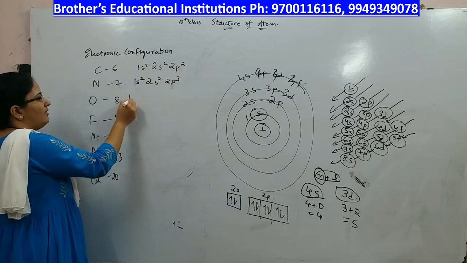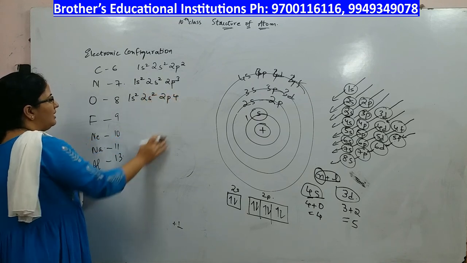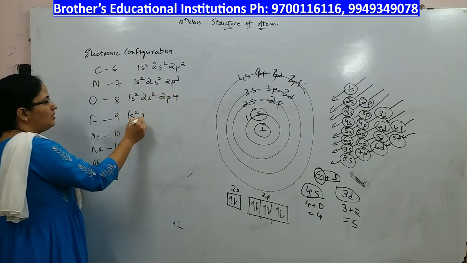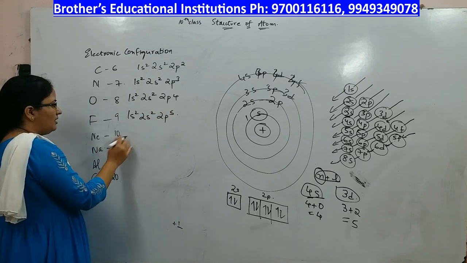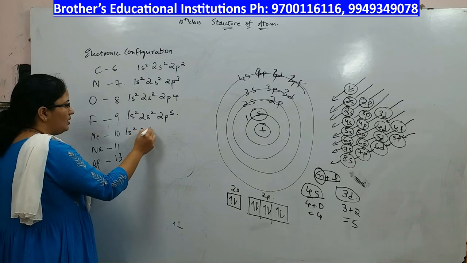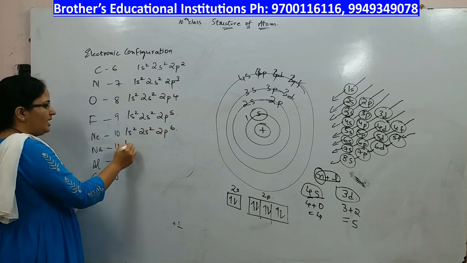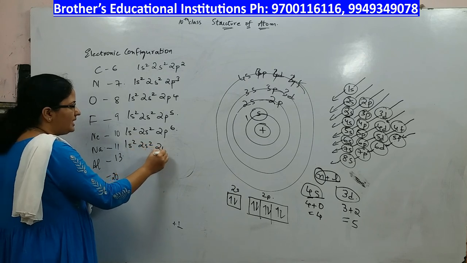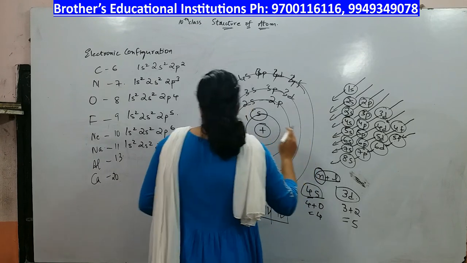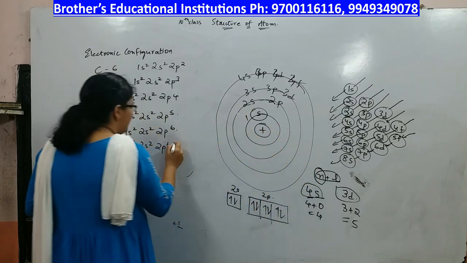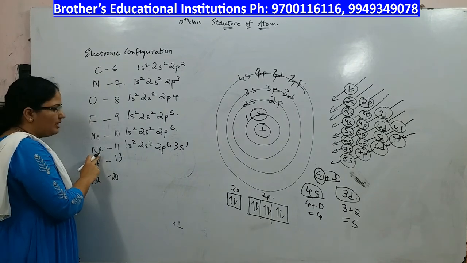Next for oxygen, 1s2, 2s2, 2p4. Next for fluorine, 1s2, 2s2, 2p5. Next for neon, 1s2, 2s2, 2p6. Now for sodium, 1s2, 2s2, 2p6. After 2p it goes to 3s. So 1s2, 2s2, 2p6, 3s1. This gives the electronic configuration of sodium.